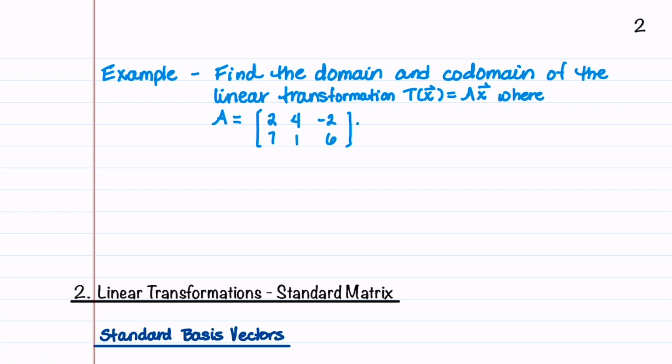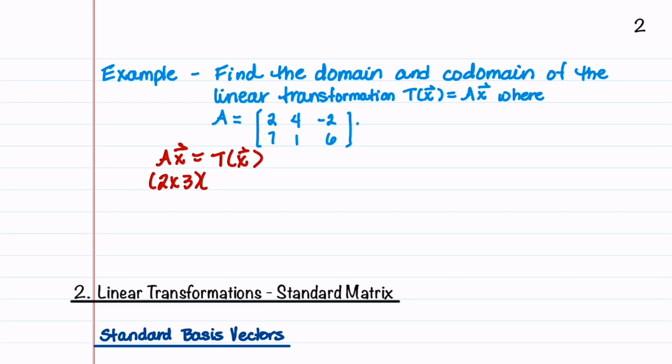Let's now use these definitions to find the domain and codomain of a linear transformation given here, where we're given a matrix A. We'll start by writing down A of x is equal to T of x, and we'll write down the size of A. So the A that we're given has 2 rows and 3 columns, so it's a 2 by 3.